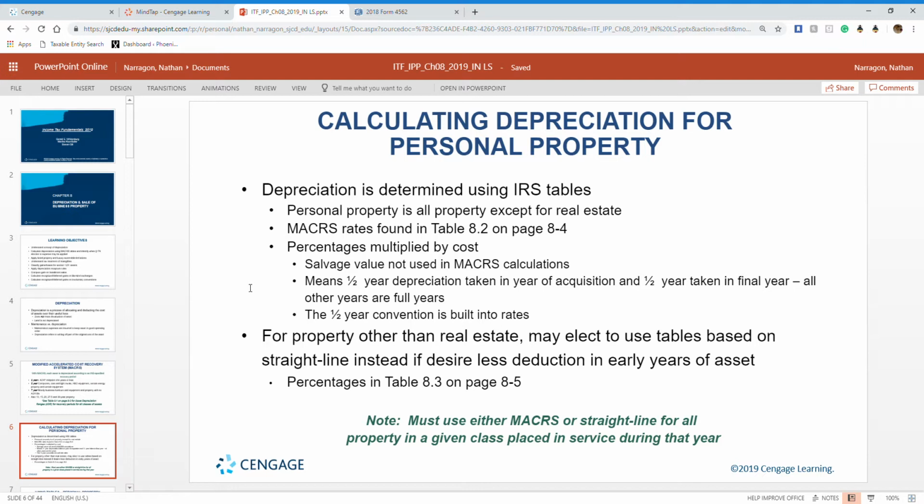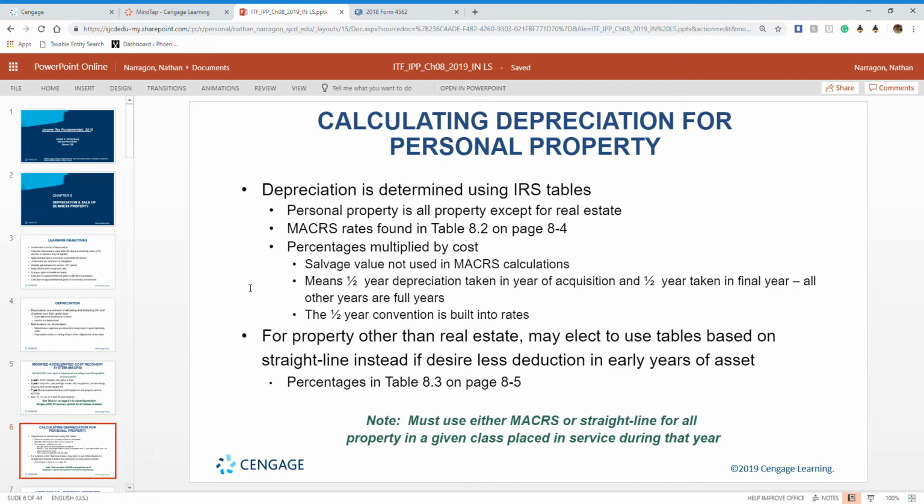Now, for property other than real estate, we may elect to use tables based on straight line instead if we desire less deduction in early years. We don't usually do that. We keep it with MACRS. That is basically the IRS appropriate one.